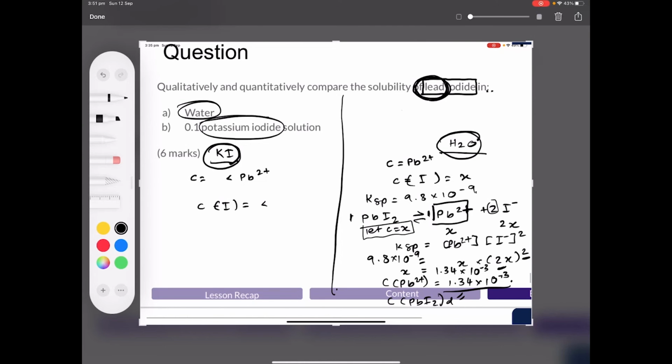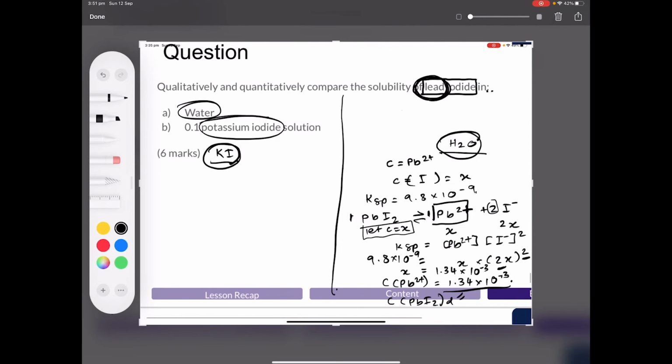Now let's do it with your potassium iodide solution. Shashank, take it away. I drew an ice table. I'm just going to pause you there.